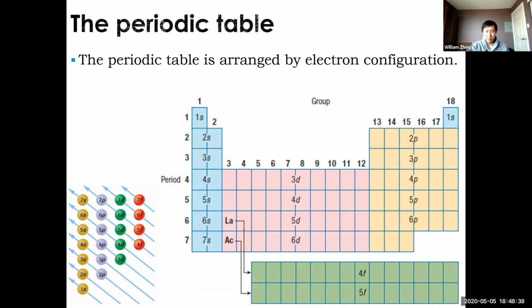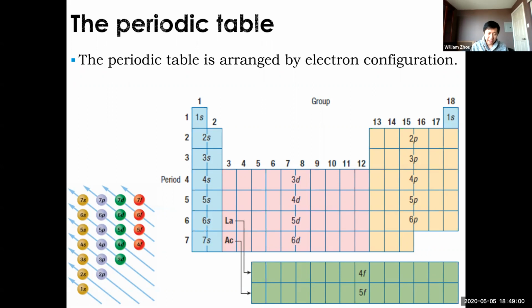The yellow ones on the right, they're the p block; elements found in those regions have electron configurations that end in p's. And then in the middle, the transition metals, you have the d block. And then on the bottom, you have the f blocks, the lanthanides and the actinides.